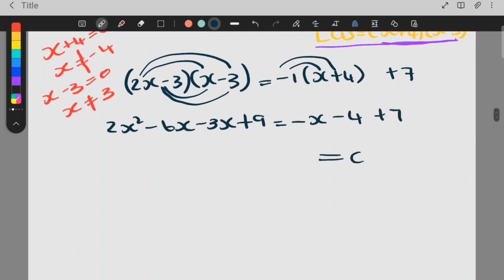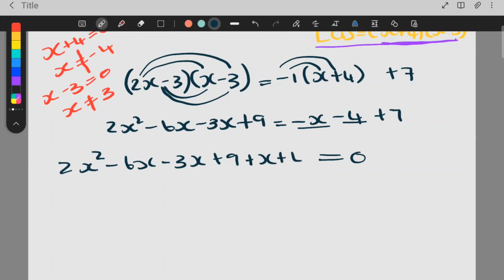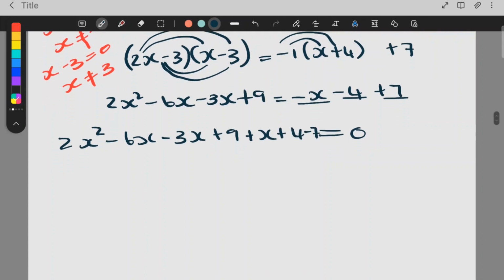Everything to the left-hand side. So 2x squared minus 6x minus 3x plus 9. This comes over plus. This comes over plus. This comes over minus. So now everything equal to 0. I have a 2x squared. So let's look at the like terms. It's this, and it's this.